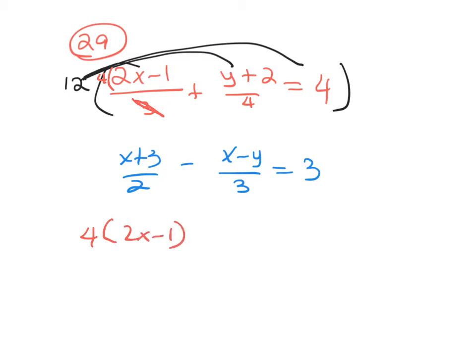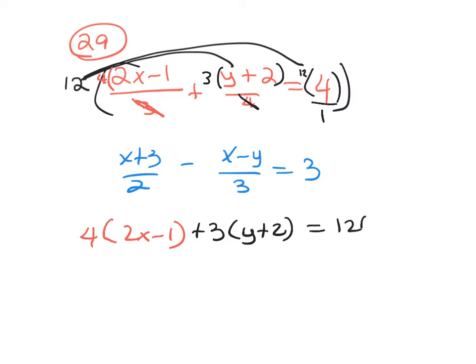Then when I go here, this becomes times 3. Nothing to simplify here, so this whole thing gets multiplied by the 12. So now the new red one becomes 8x minus 4 plus 3y plus 6 equals 48.